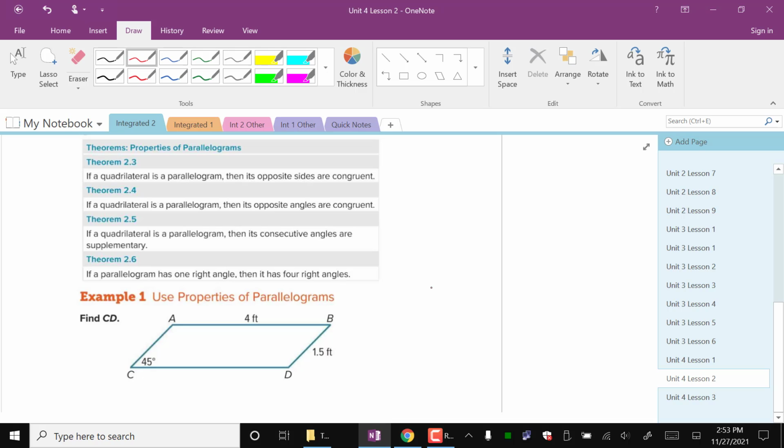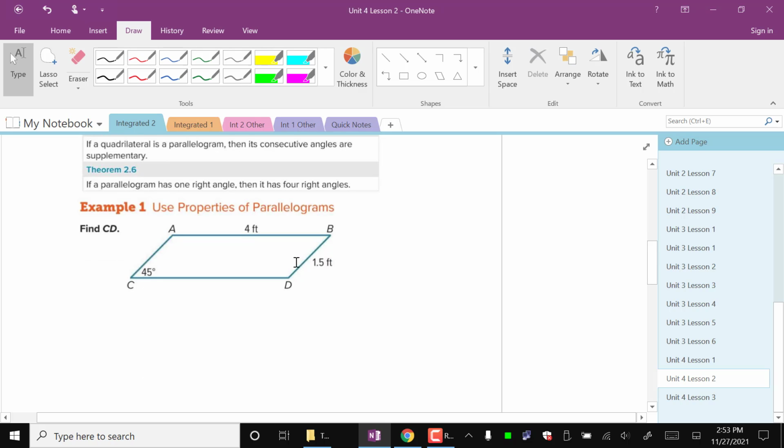If a quadrilateral is a parallelogram, then its opposite angles are congruent. If a quadrilateral is a parallelogram, then its consecutive angles are supplementary, adding to 180 degrees. And if a parallelogram has one right angle, then it has four right angles. That's kind of piggybacking on theorem 2.4 right there.